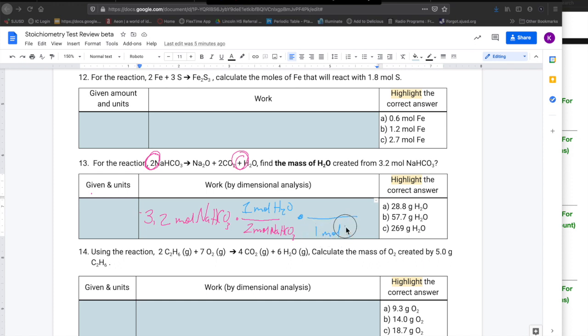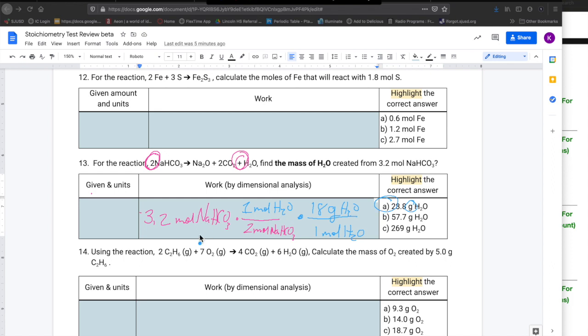I have moles down here, and then I need to get to grams. So this will be grams of H2O, and the molar mass of H2O, I hope you remember this by now, is 18. So we're going to put that together. I can't do that in my head too well, but it's close to, something feels wrong with this one. No right choices? It must be this one. Hey Siri, what's 3.2 times 18 divided by 2?